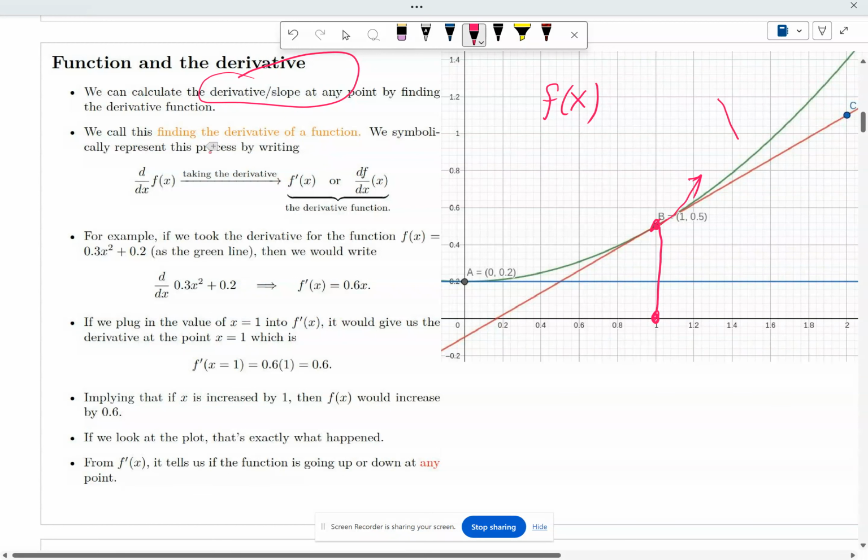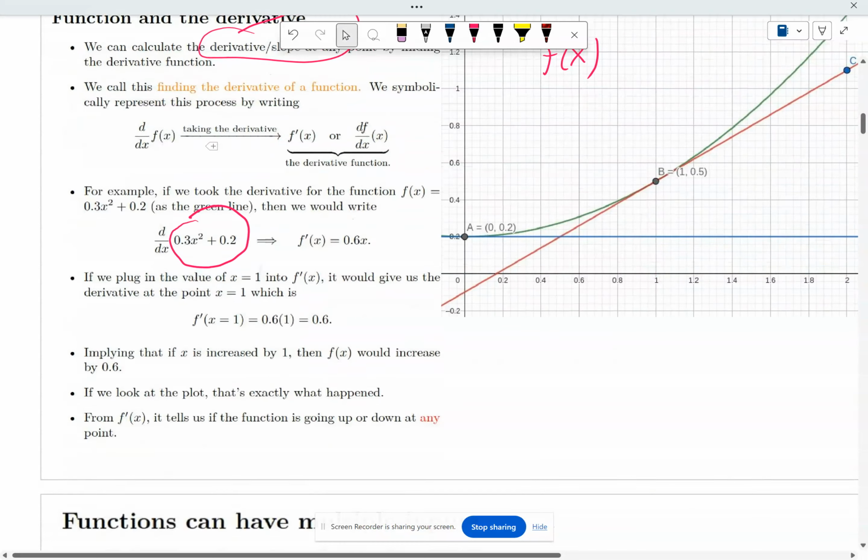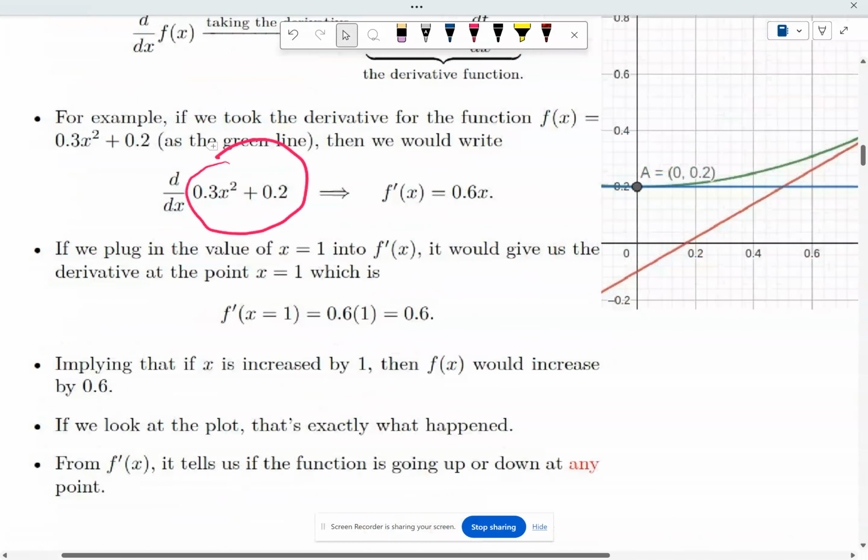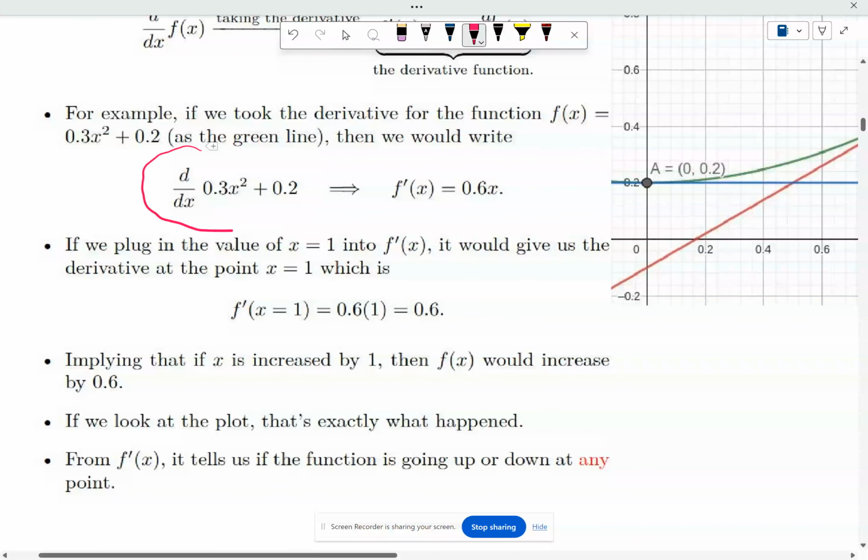Here's a quick example. That green line we were just looking at has this equation, 0.3x plus 0.2. Now, if we take the derivative of this function, the derivative is another function, 0.6x. How do we get this?